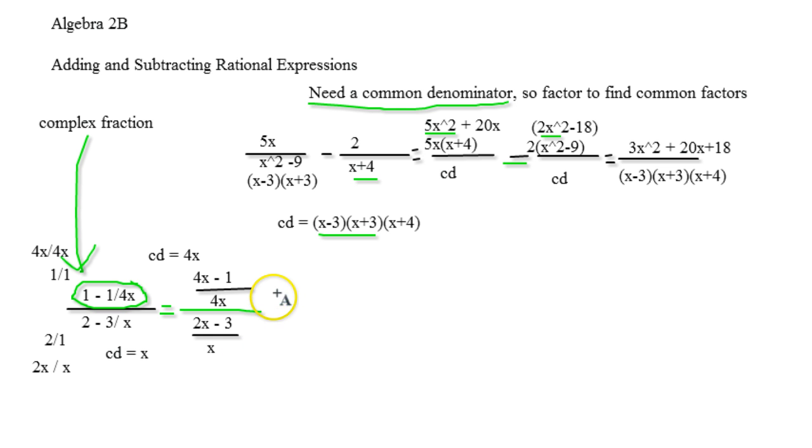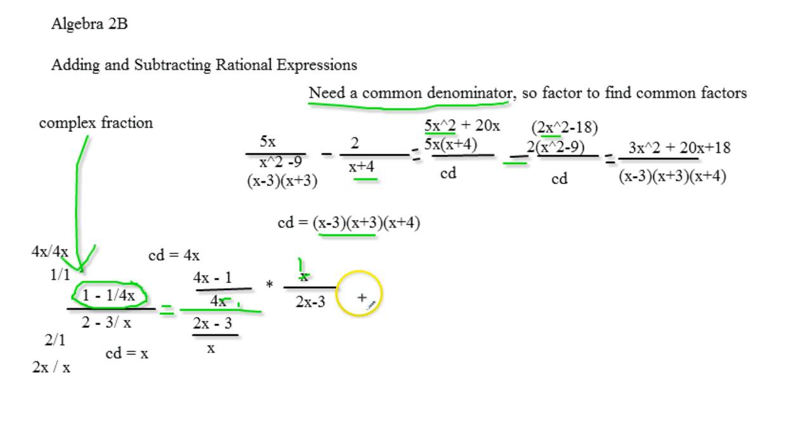Now I cannot divide these two, but I can multiply by the reciprocal. So once again, I am still applying knowledge from what I've used before. This becomes x, and this becomes 2x minus 3. As you can see, the x's will end up simplifying to 1s.